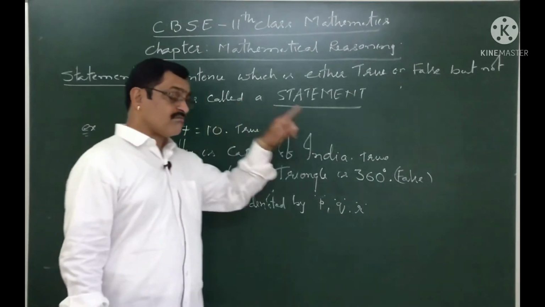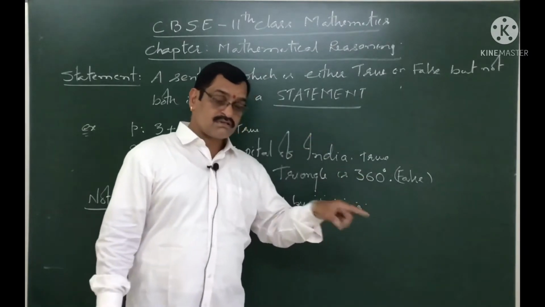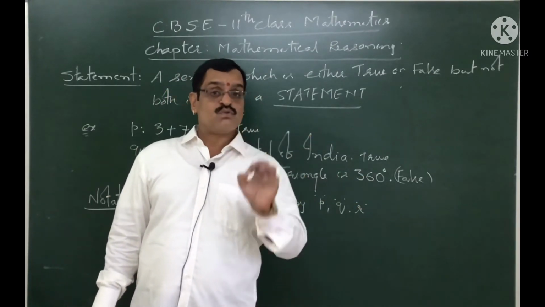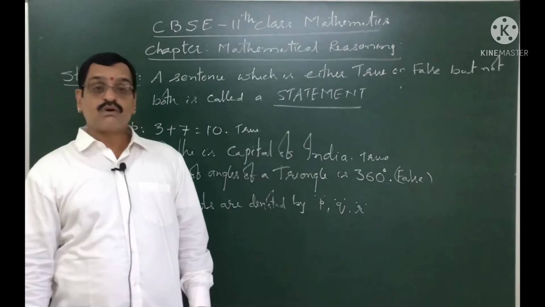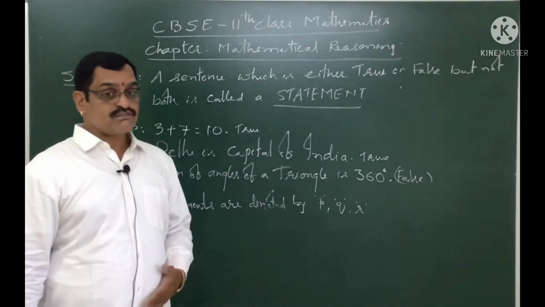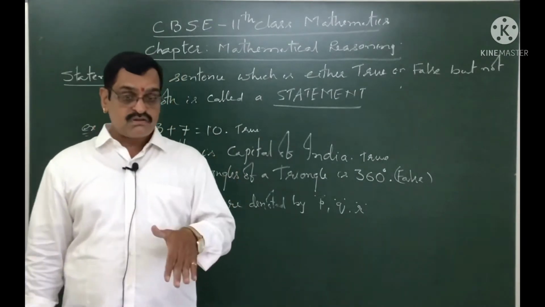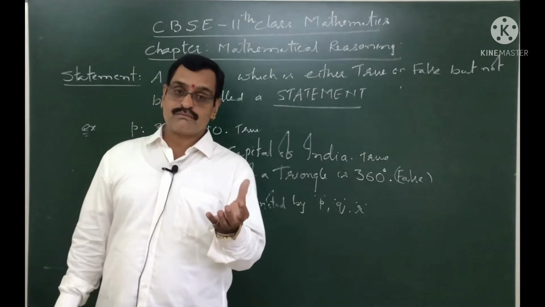Third statement is false. This true, this false are called the truth value of the statement. What do you call? Truth value of the statement. So what is the truth value of a statement? Telling whether a given statement is true or false is called its truth value.